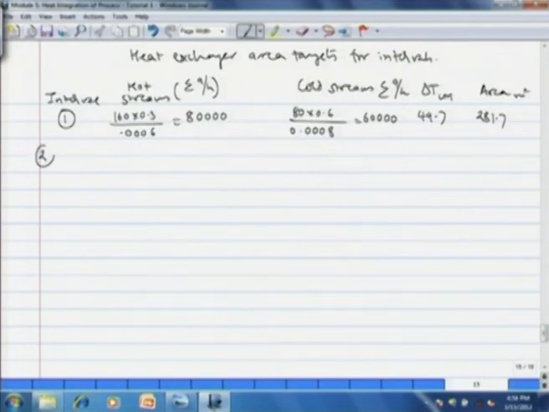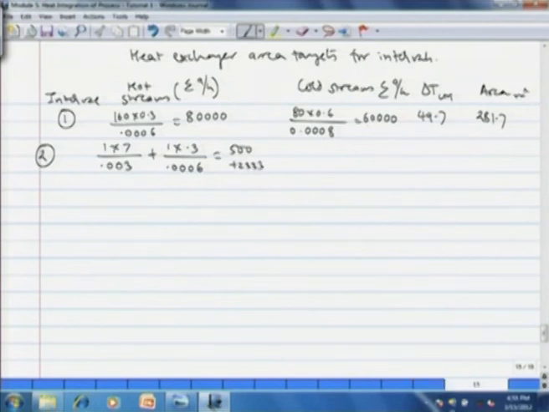Similarly, for second interval, we have first stream and hot utility. So for hot utility, temperature difference is 1, Cp of 7, H of 0.003. Similarly, for number 1 stream, Cp of 0.3, 0.006, and then this turns out to be 500 plus 2333.